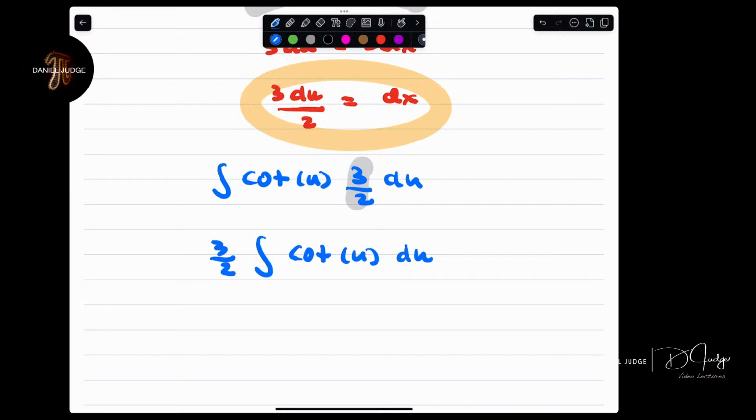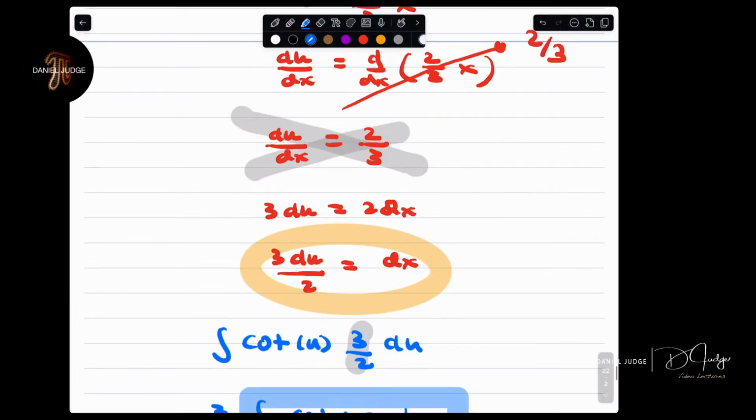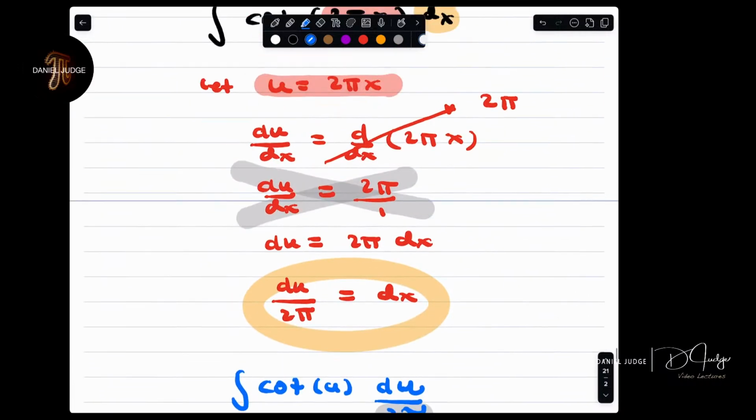cotangent u du. And so, ladies and gentlemen, integrate your cotangent. You have the formula here, right?